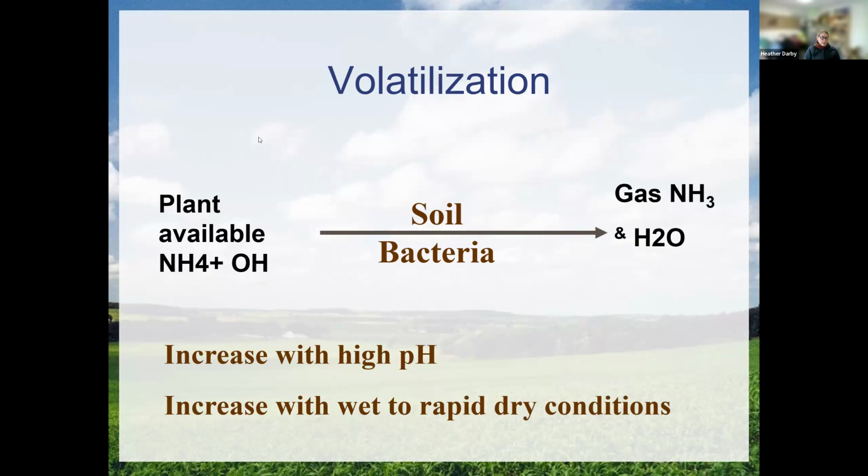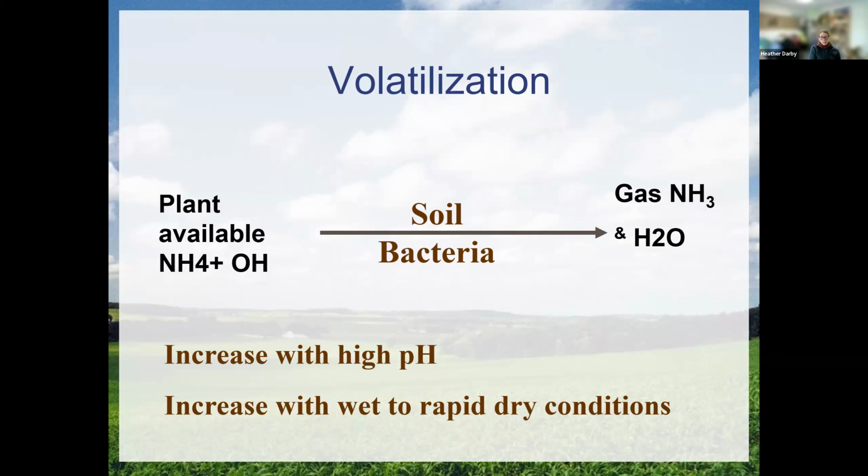All right, so another part of the process, which is certainly agriculturally significant, is loss of nitrogen through volatilization. And hopefully, or I'm sure most of you have heard of this, which is essentially when ammonium nitrogen is lost into the air in the gas form.